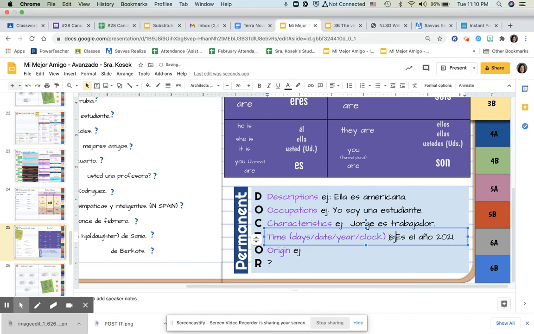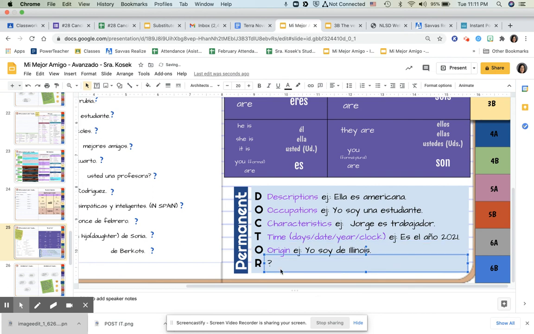Since it will drive me nuts, I will go ahead and put it up there. You don't have to. These are your notes also, but you should at least have what DOCTOR stands for. Yo soy de Illinois. That's actually what your answer is to usually one of the questions for asistencia.